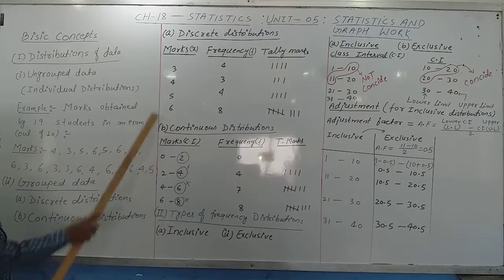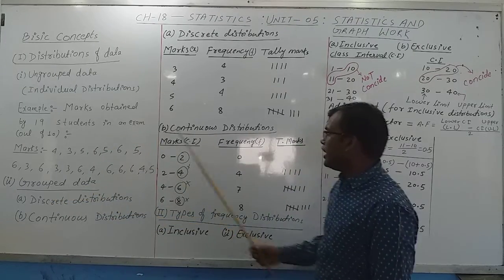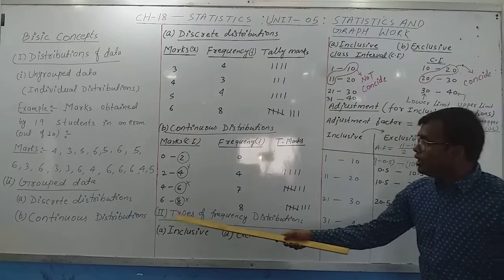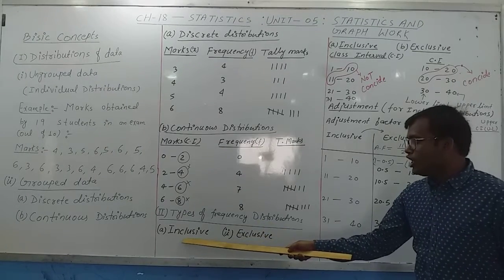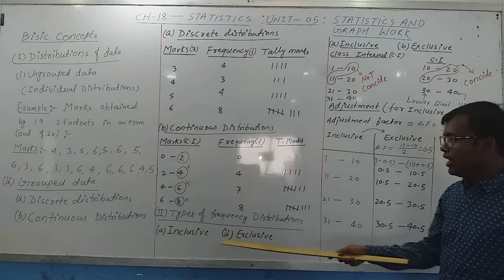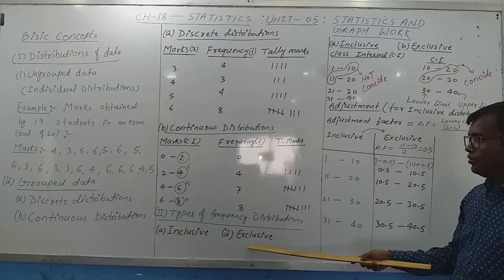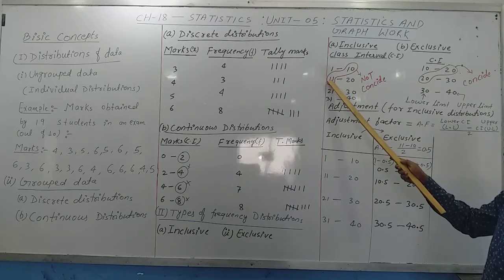Okay. So how all of you are able to learn about the grouped data. So now the 2 types of frequency distributions. See, there is the inclusive distribution and what? Inclusive, and second one is the exclusive. In inclusive, the class intervals are not continuous.